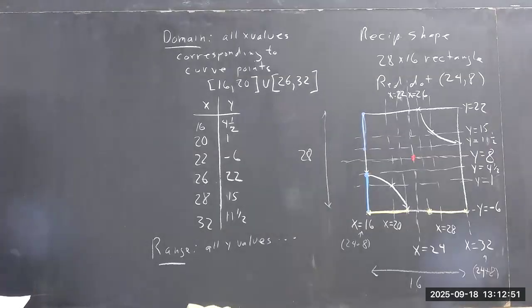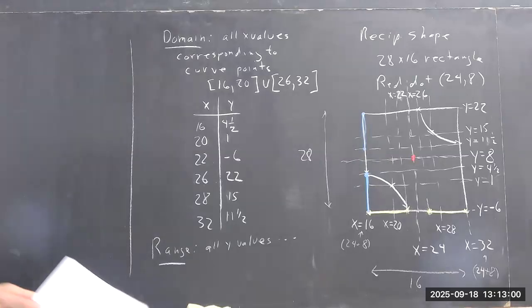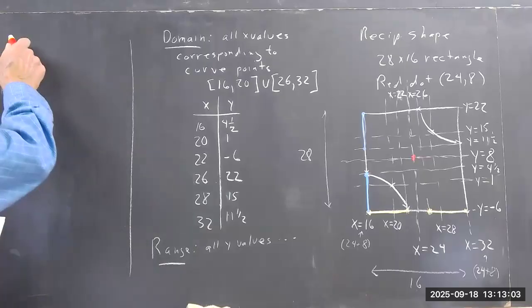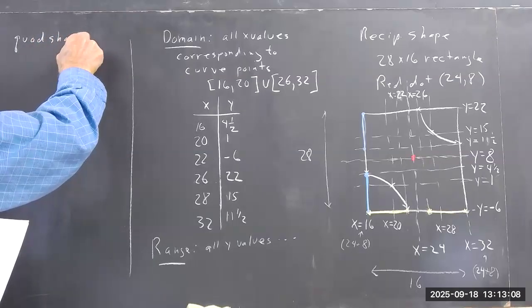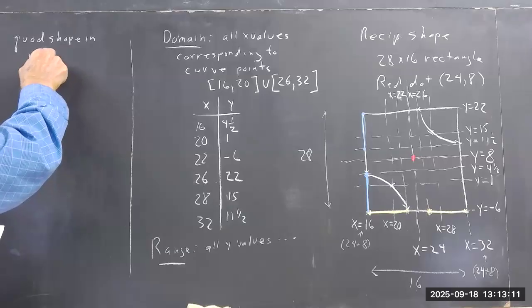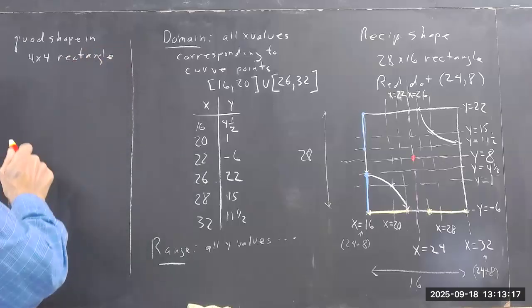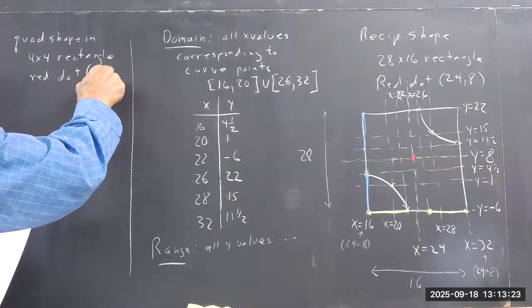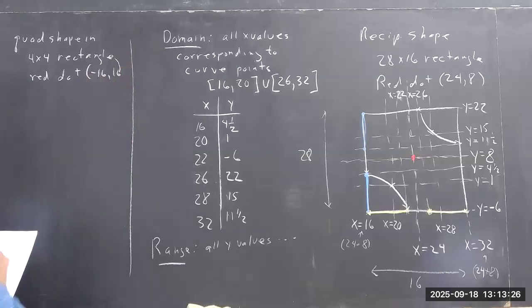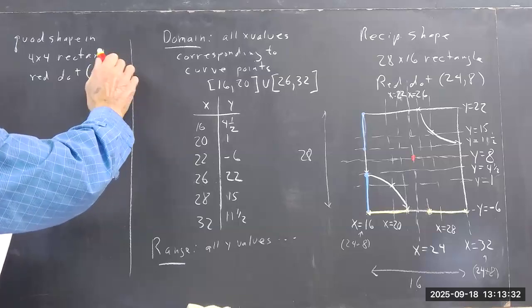And this is really simple, if you understand function notation, okay? Red dotted, negative 16, 16.